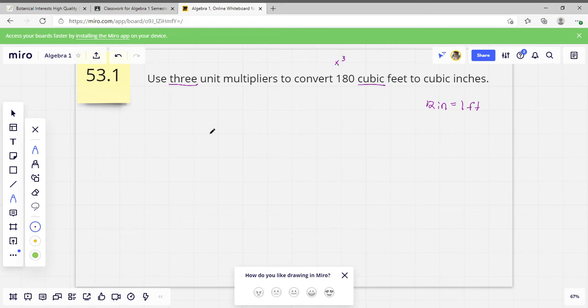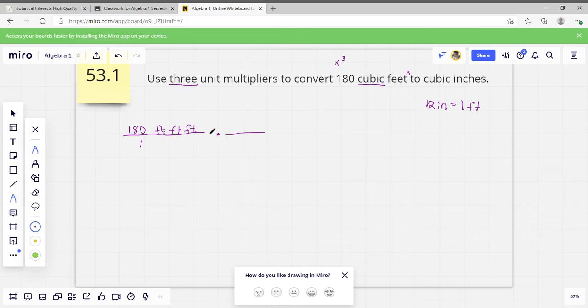That's a cube. So if we have 180 over 1, then we have cubic feet. We're going to write feet 3 times, because that means feet to the 3rd. So we have to write it 3 times, 1, 2, 3. That means we're going to have to use our unit multiplier 3 times.